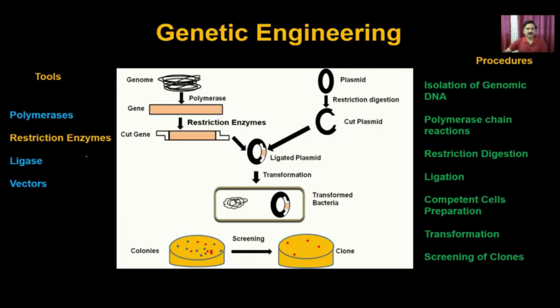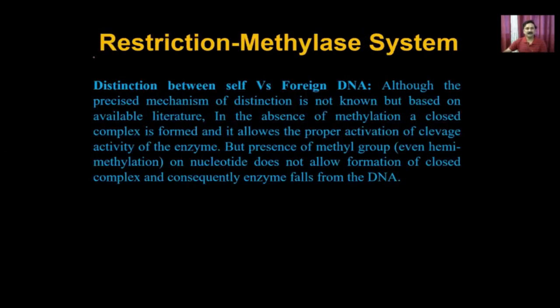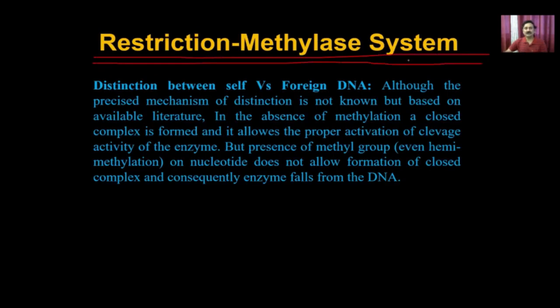So what is the next set of tools? The next set of tools is called restriction enzymes. So what are restriction enzymes? The restriction methylase system is very close to the immune system present in mammalian cells. It has the ability to distinguish between self and foreign DNA.